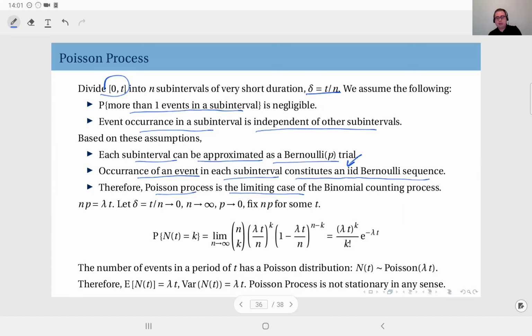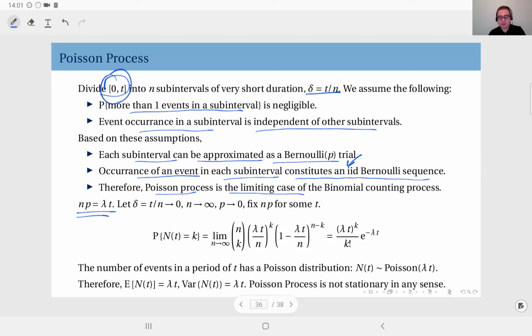Here it will be a little bit different because we have the time component. N times p will be equal to not lambda, but lambda times t, because now lambda has a different meaning. It's not the expected number of events in the interval, it's the expected number of events in a unit interval. So in time 0 to t, the expected number of events is not lambda, but lambda times t.